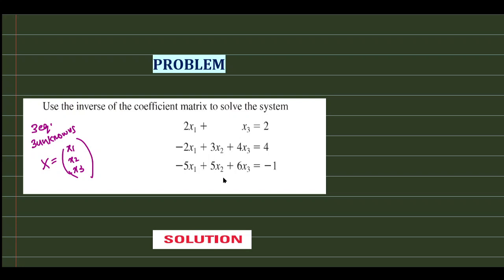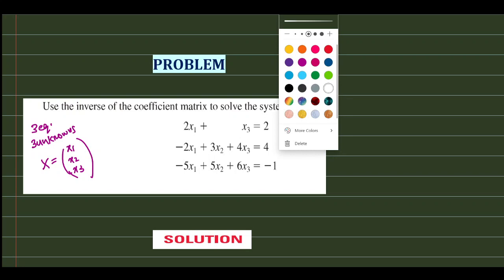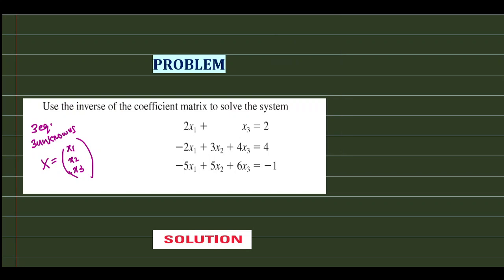So first we will write it in the matrix form. In the matrix form means we will write it in the form Ax equal to B. So A is the coefficient matrix. So what will be A here? The matrix A will take the value 2, and we can see x2 is absent here, so we can write 0, then 1.